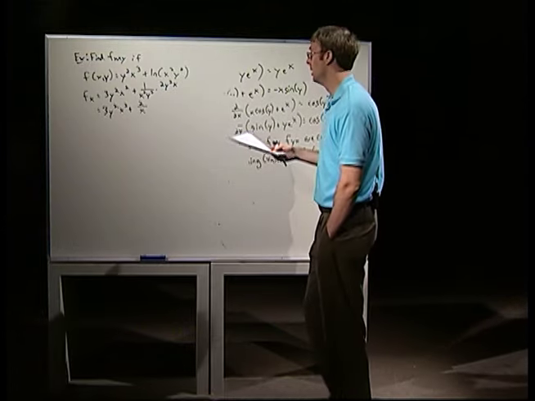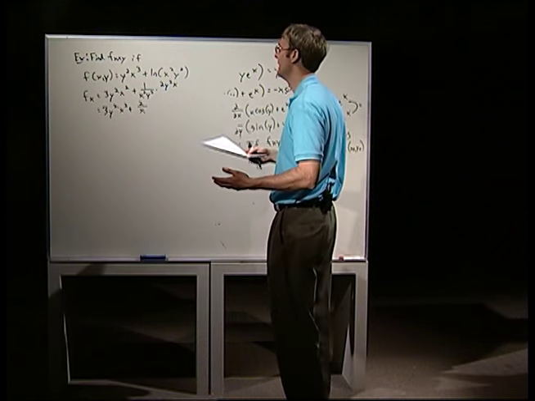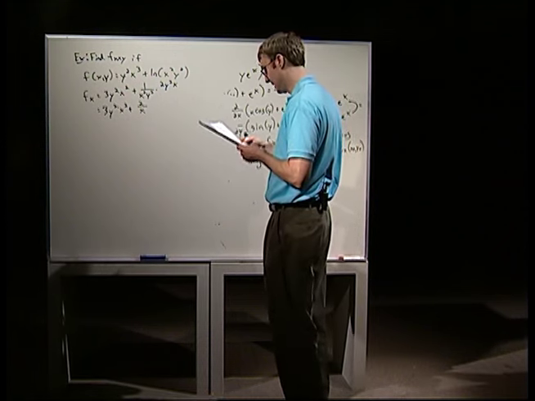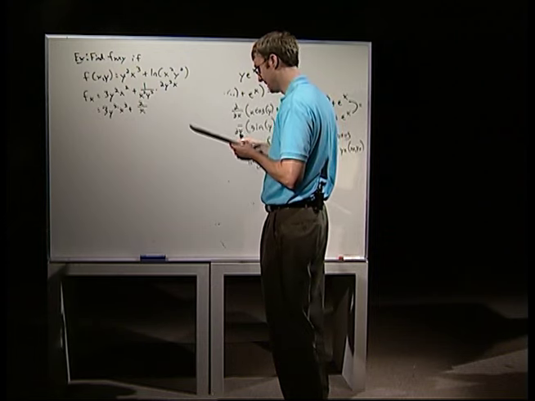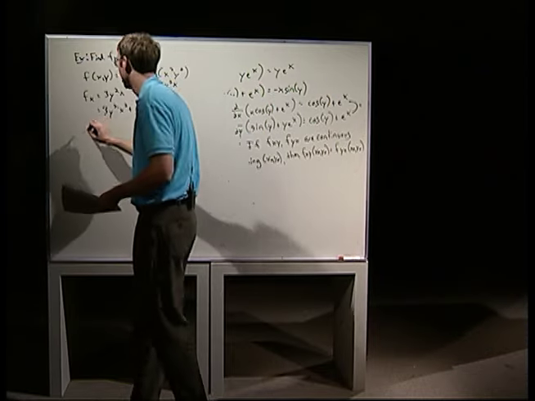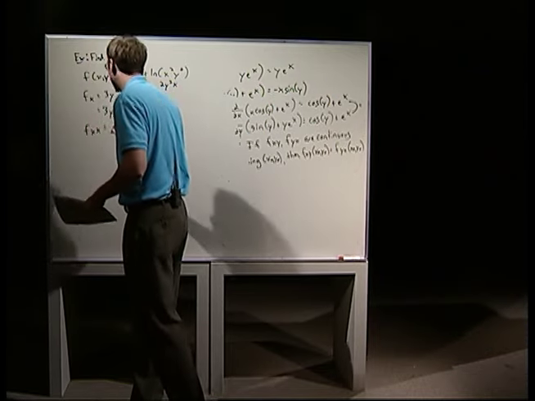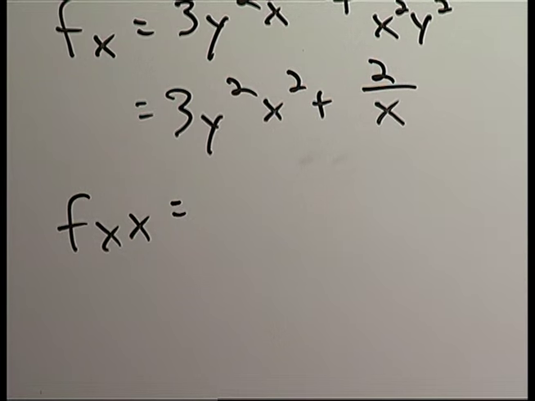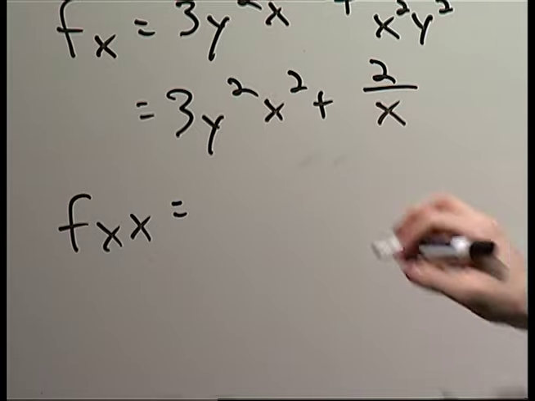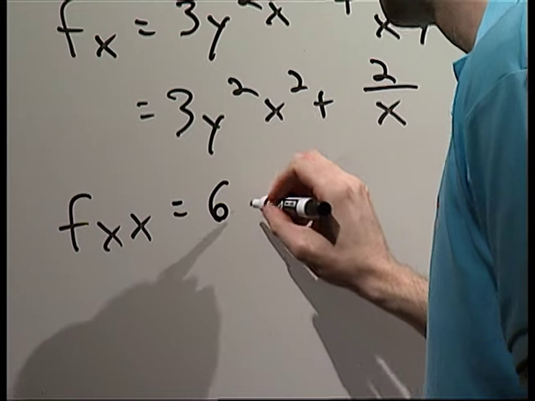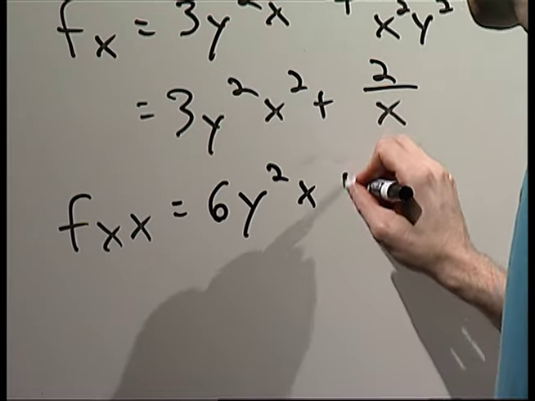The first partial. Now let's do f xx. I'm going x again on this guy, so this is 6y squared x.